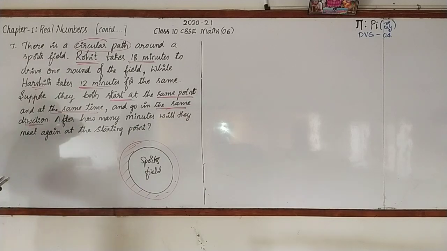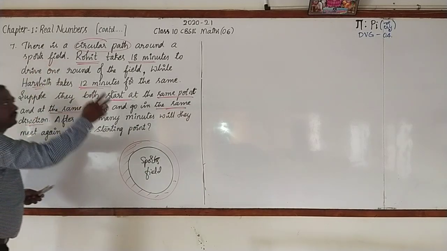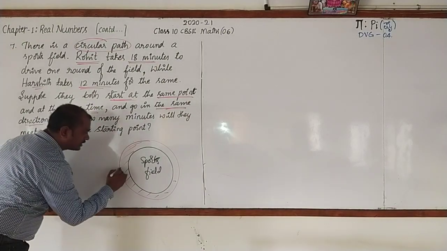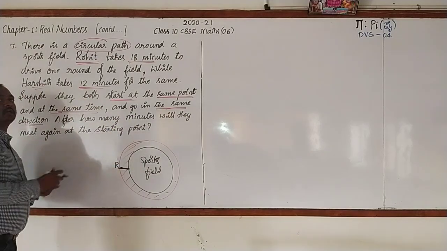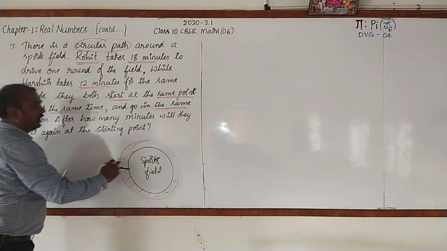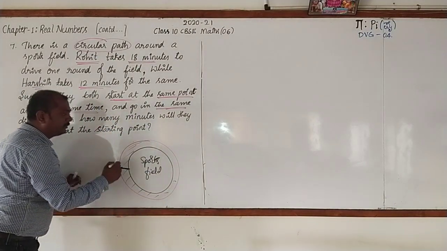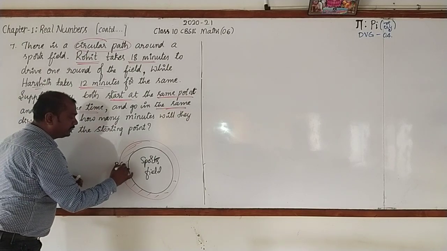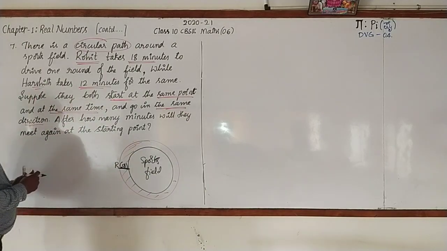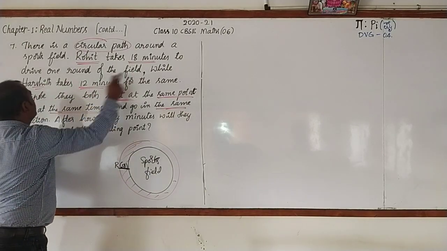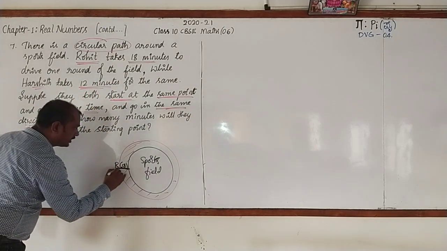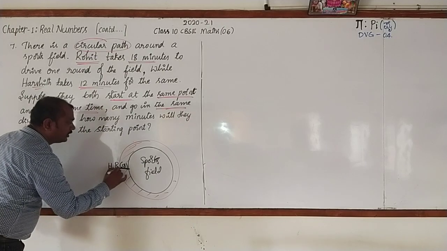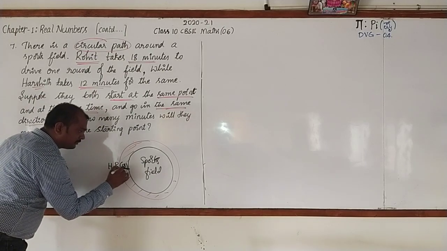Next, Rohit takes 18 minutes to drive 1 round of the field. From which point? Assume that this is the point from which Rohit will start driving, and it takes 18 minutes to complete 1 round. Similarly, Harshit takes 12 minutes for the same. Harshit's position is also the same, from the same point.